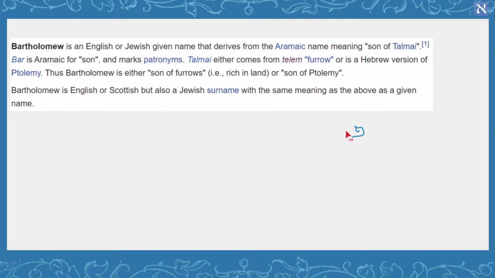I may be wrong, but I think he's also known as Simon Bar Jonah, and it's interesting. This son of the dove is also seen as a rock. I normally don't think of the rock and a dove as going together, but as you said in the past, there's a lot of meaning for a particular person in the name.